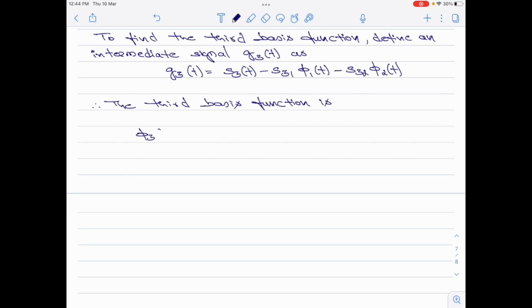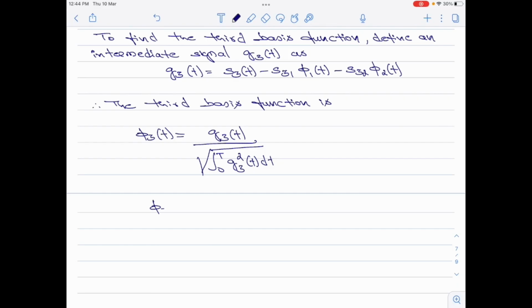phi 3 of t equals G3 of t divided by square root of integral 0 to capital T G3 square of t dt. Let me substitute for G3 of t from the above equation.